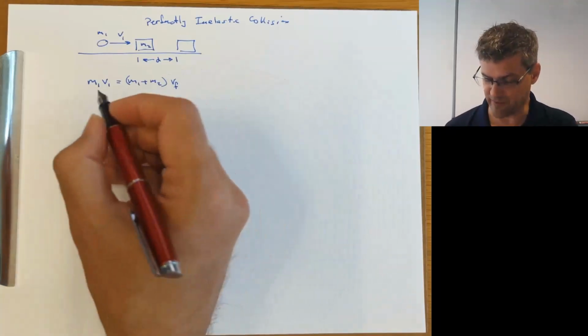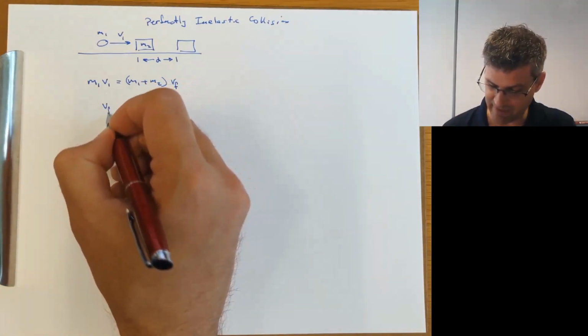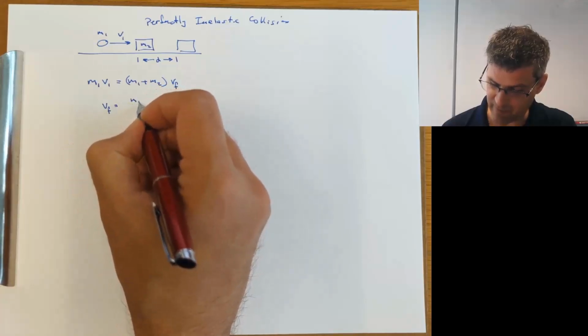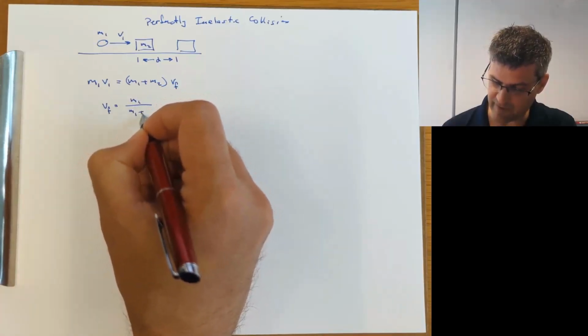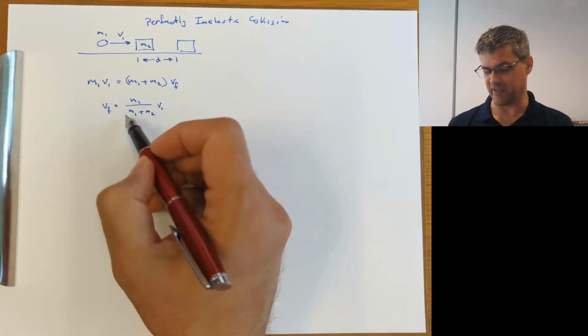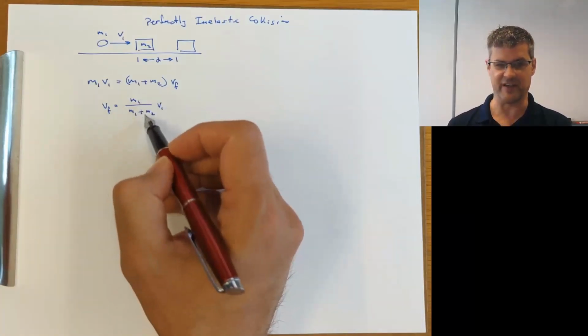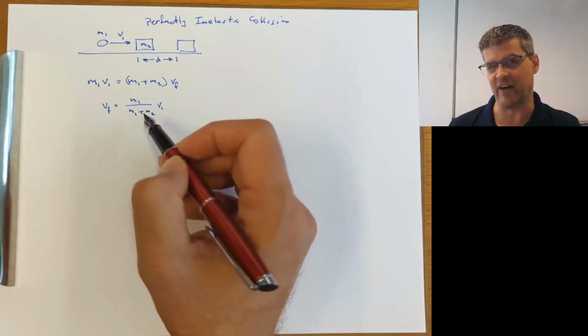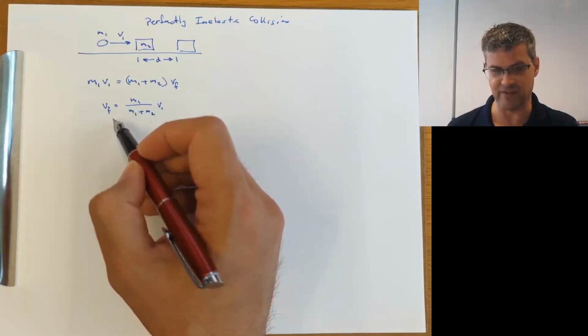And if we wanted to, we could find out what that final velocity is. V final is going to be m1 over m1 plus m2 times v1. And because m1 plus m2 is bigger than m1, this new composite object is going to be going at some slower speed.